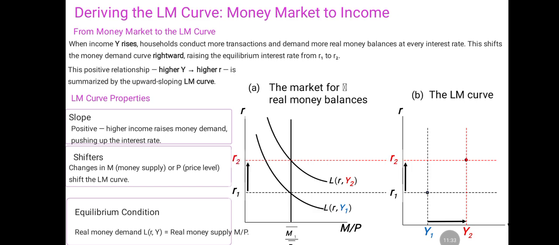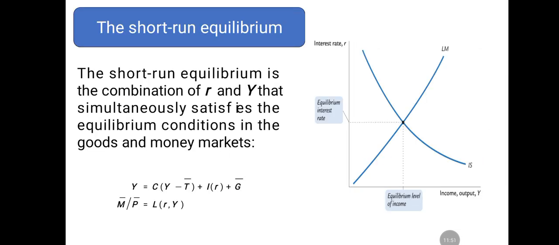When we connect y1 r1 and y2 r2 in panel B, it shows a positively sloped curve. So the LM curve is positively sloped, which is the liquidity money curve, and the IS curve is negatively sloped, which is in the goods market. The equilibrium is where the IS curve and LM curve intersect.